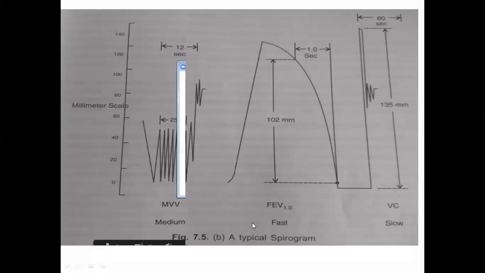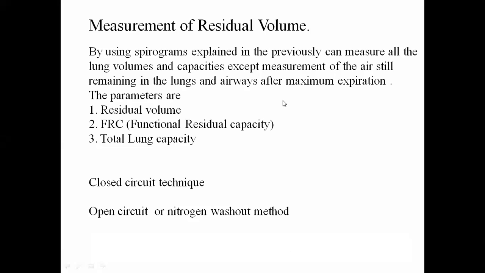Similarly, we have other types of measurements. The next one is measurement of residual volume. By using spirometers, we can measure almost all the lung volumes, but some parameters we cannot measure with a spirometer, so for that we go for other techniques.